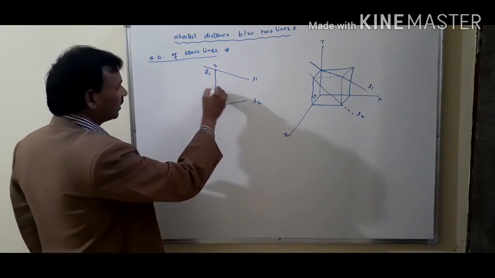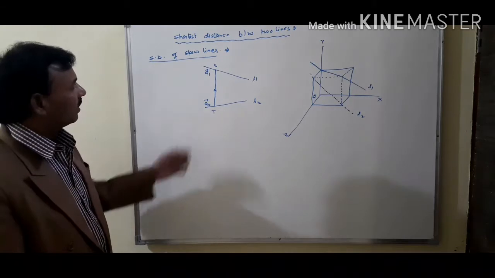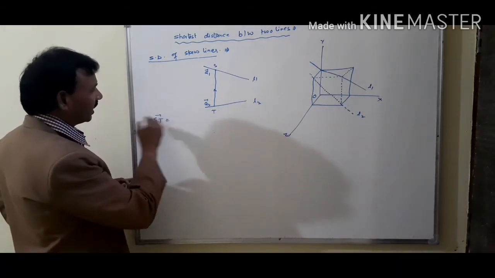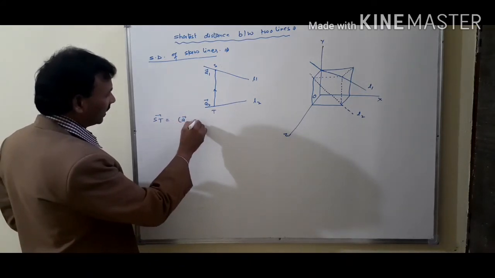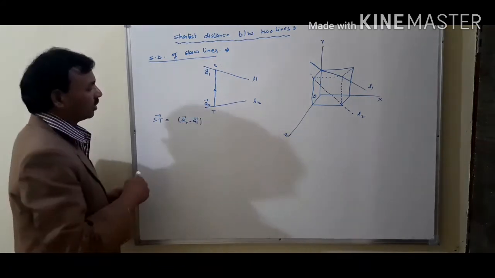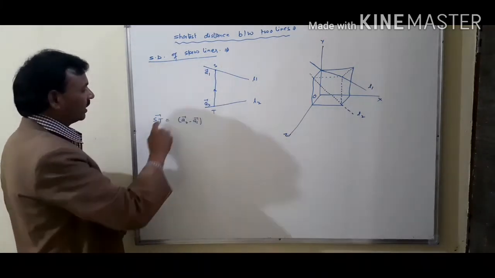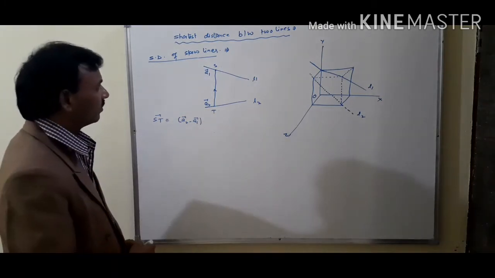This is vector ST. Here vector ST equals A2 minus A1, that means the position vector of T minus the position vector of S.